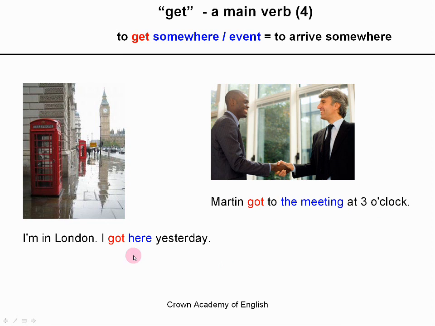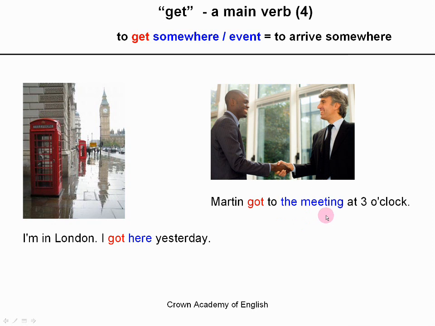Okay. Notice that in blue, this is the destination. This is somewhere or the event. If the destination is the word here or there, then there is no preposition.